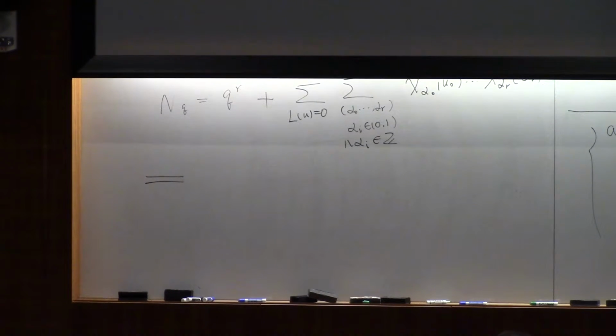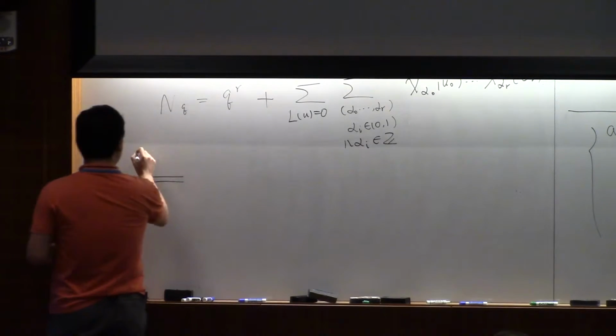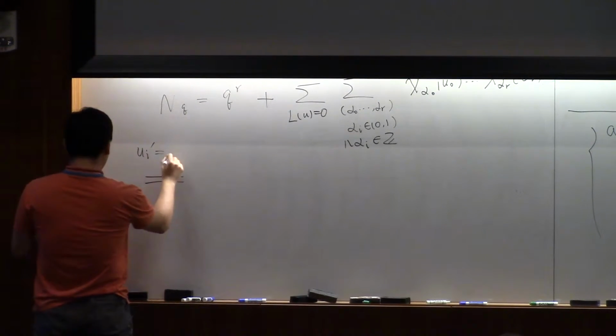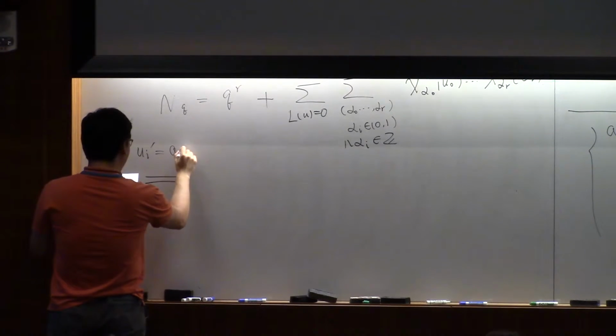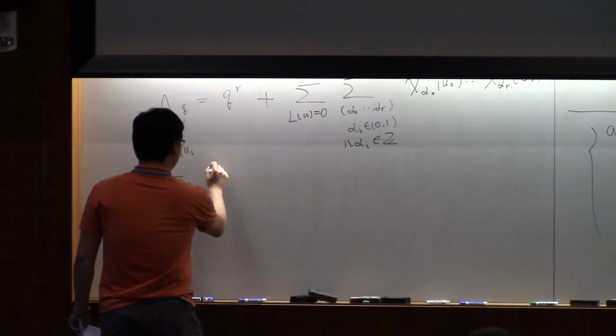Next, we want to simplify this linear equation a little bit. So I take u_i prime to be a_i times u_i.